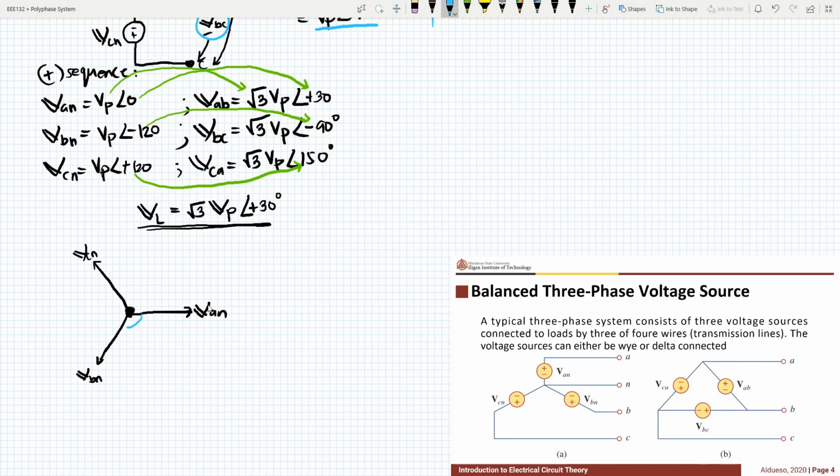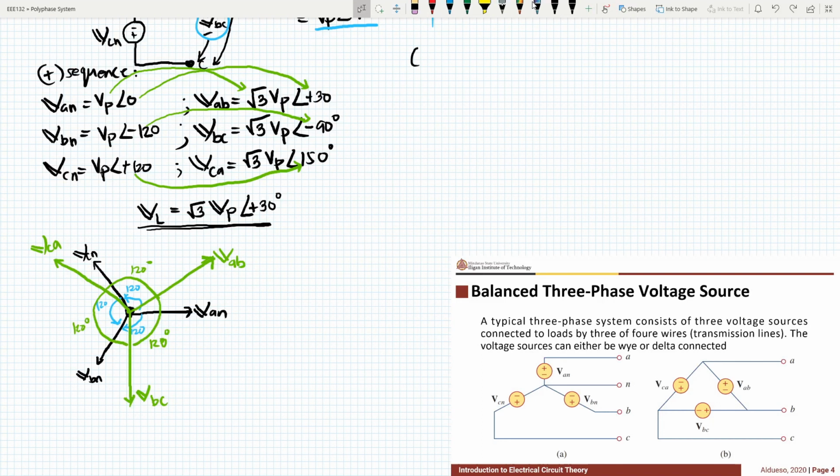This angle right here is 120, and this is also 120. So the line voltages are created here. If you take a look at the angles between the line voltages, this is still 120 degrees, 120 degrees, and then 120. Now that was all for the positive sequence.